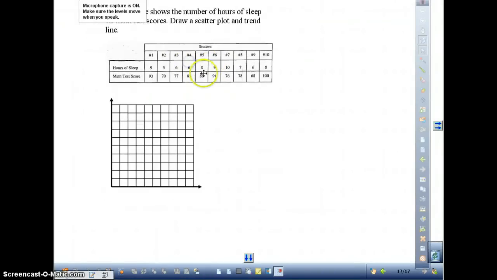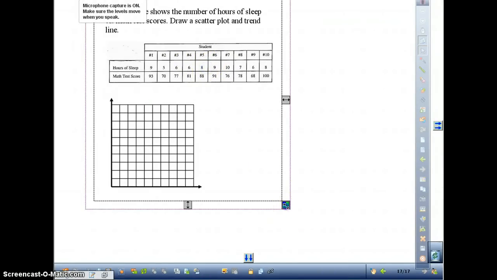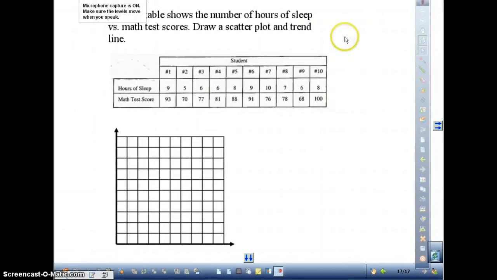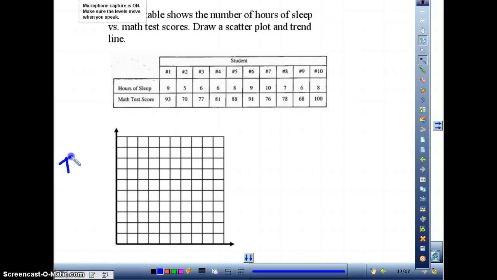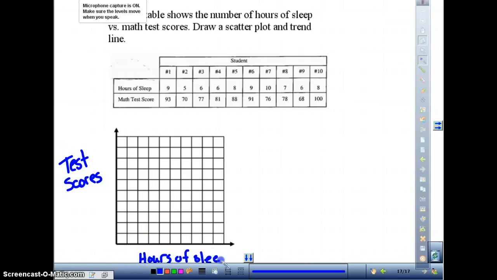So does your test scores depend upon the hours of sleep you get, or does the hours of sleep you get depend upon your test scores? I'm going to say my test scores depend upon how many hours of sleep I get. So test scores is dependent. Hours of sleep is my independent.